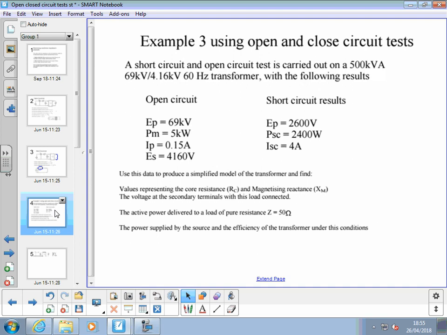Open circuit results: primary voltage 69 kV, power drawn 5 kilowatts, primary current 0.15 of an amp. That gives you some idea of how negligible that current is once you load the transformer up. Yeah, because that primary current ain't going to be 0.15 of an amp when you fully load it. And E secondary 4160 volts.